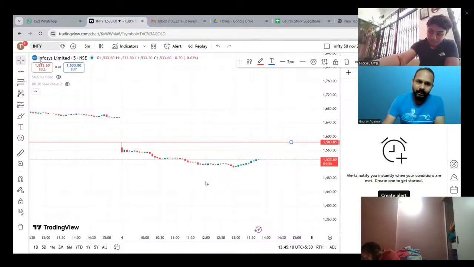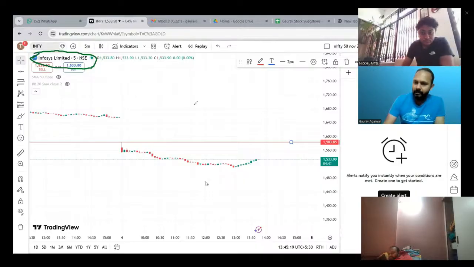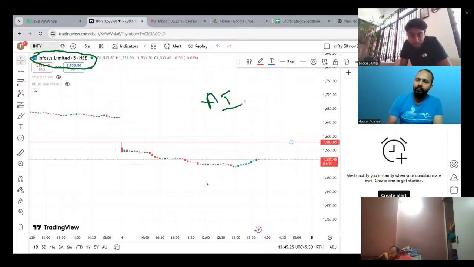So this is basically an IT stock. Okay, Infosys is an IT stock here in India. So we had bad news last night. Some AI company said that they have prepared a tool which can automatically do the work of around 1,000 IT employees, right? So this was bad news for the IT companies. That is why this stock opened gap down, correct?